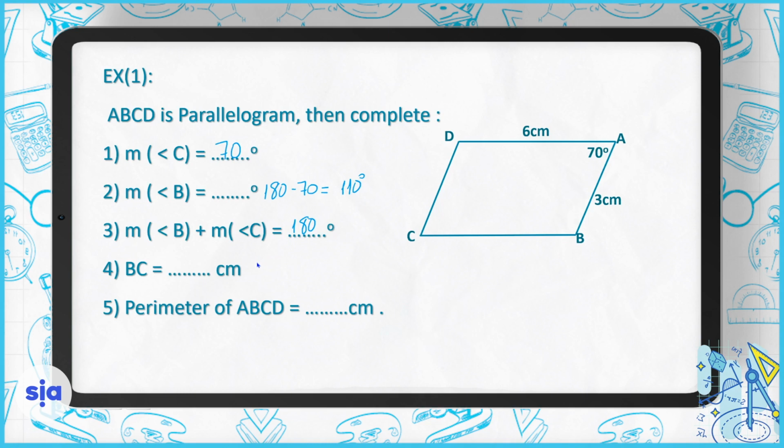The length of BC is equal to the length of its opposite side, then the length of BC is 6 centimeters. To find the perimeter of ABCD, it's 6 plus 6 plus 3 plus 3, which is 18 centimeters long. Let's now go to exercise number 2.